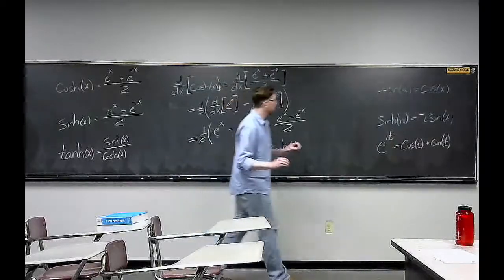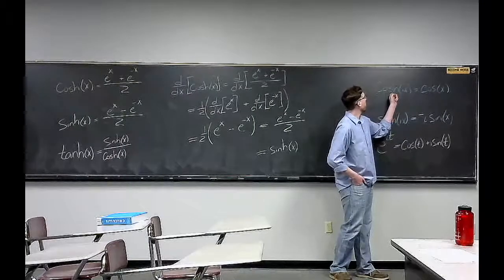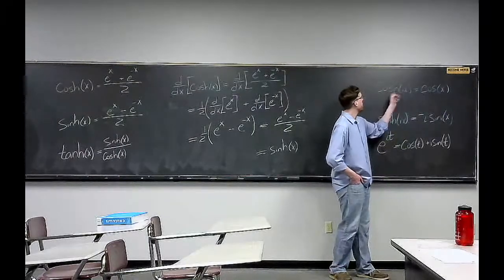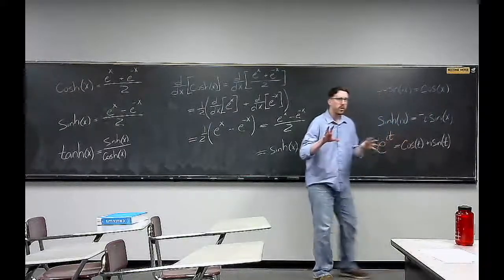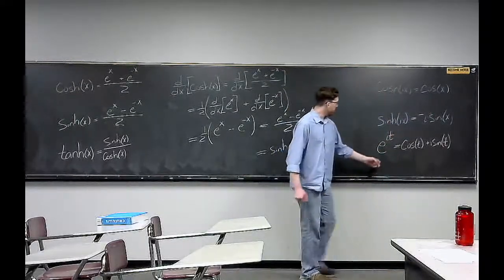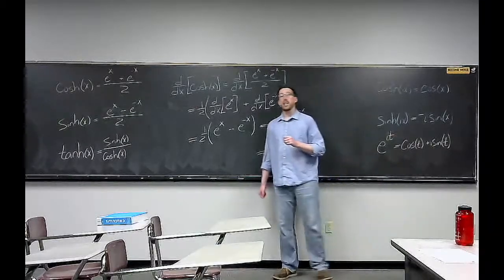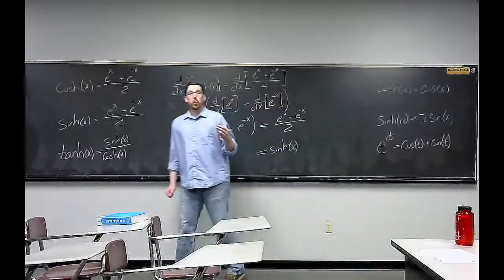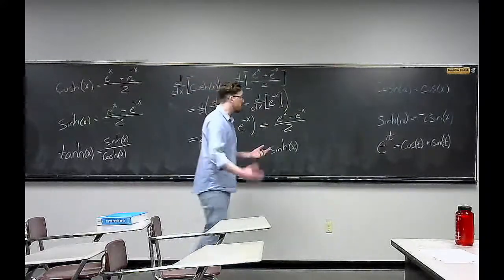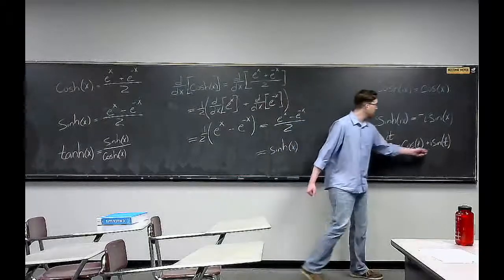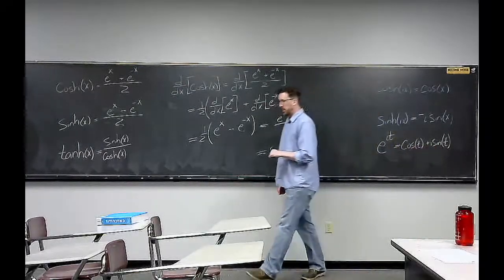But that particular relationship that allows us to say the hyperbolic cosine of ix is equal to cosine of x, we're taking advantage of Euler's identity. Euler's identity tells us that e raised to the imaginary number times t is equal to cosine of t plus the imaginary number times sine of t.